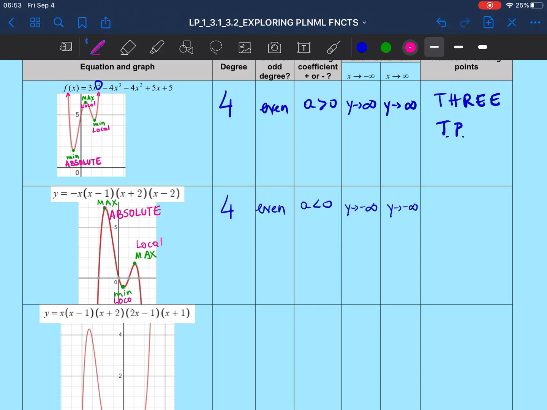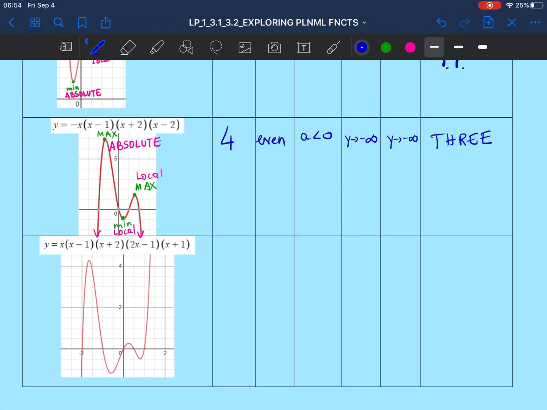The minimum here is also a local minimum, because the function continues to decrease to negative infinity. So the absolute minimum is undefined. So turning points, we have 3 of them. So degree 4, 3 turning points, consistently.